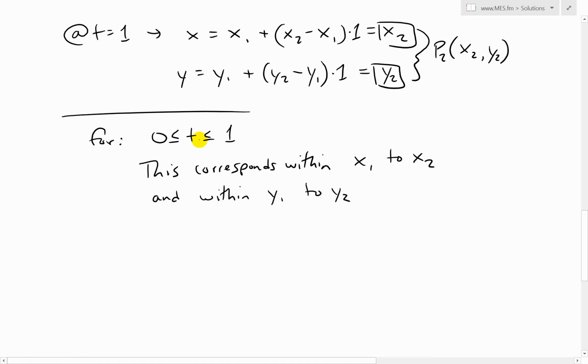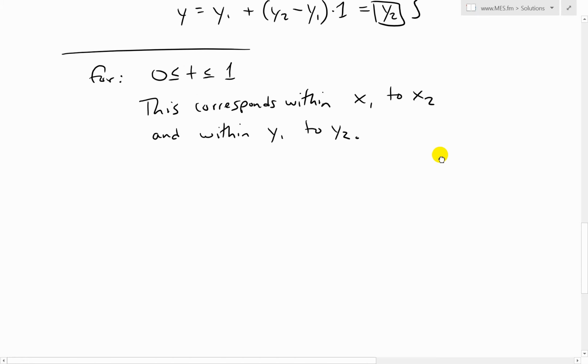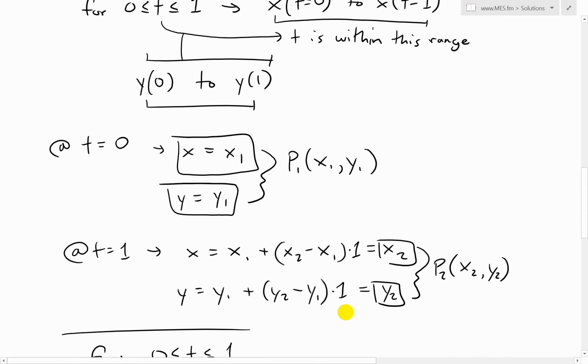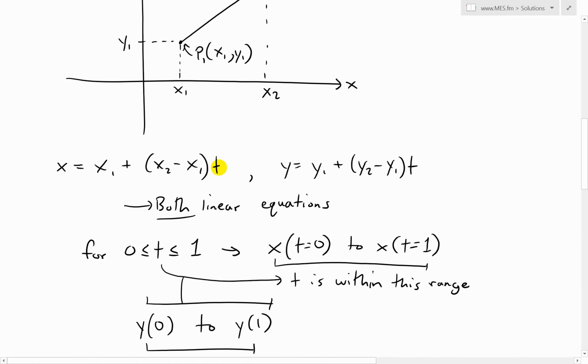So if the value is 0.5, it's going to be a value between y1 and y2 and x1 and x2. So now the next step is, let's combine the equations by removing this t value.